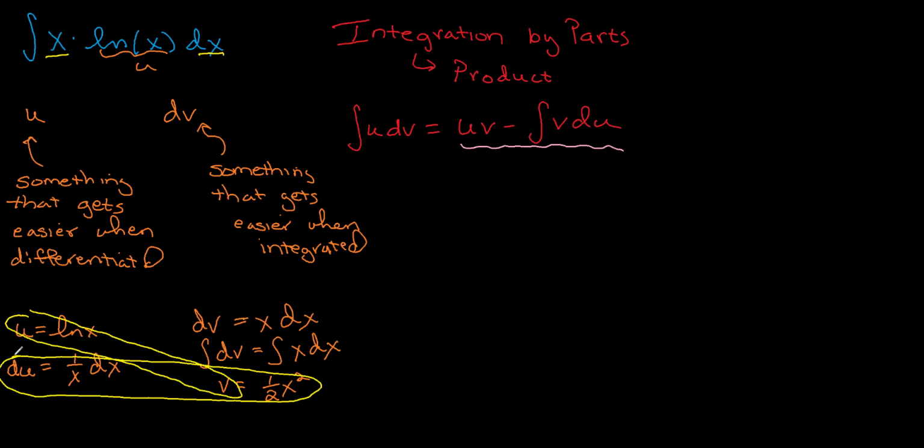So what I'm saying is that the integral of x times ln of x dx equals uv. Well, uv is going to be ln of x times v, which was 1/2 x squared, minus the integral of v du.